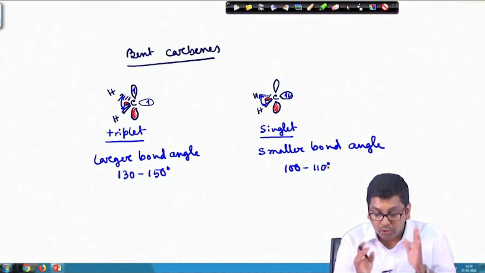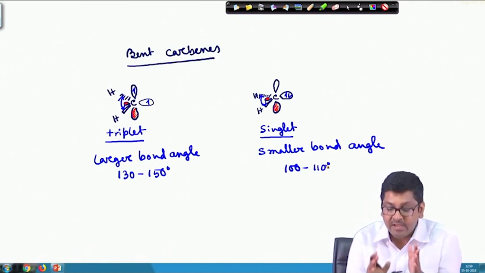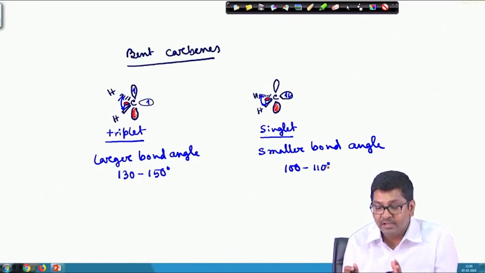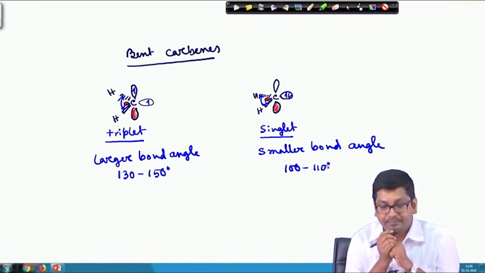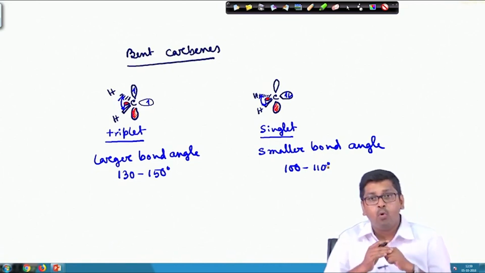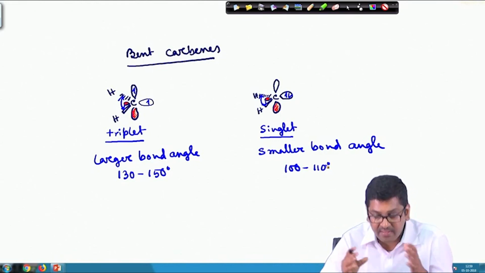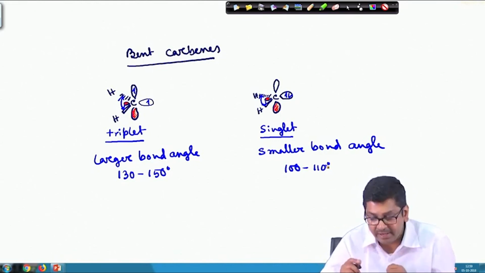Okay. So, triplet carbenes are having larger bond angle and the singlet carbenes are having smaller bond angle. Now, the question is why it is like this? Why do the bond angles vary for triplet and singlet?